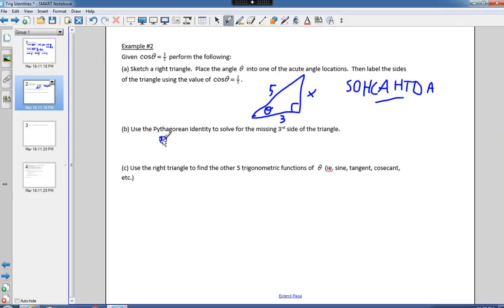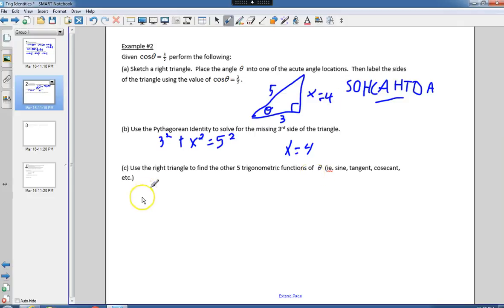So I'll write 3 squared plus x squared is equal to the hypotenuse squared. I'm sure you could solve for x in that equation, and if you do that, we'll get the x value of 4. So we know that this leg over here has side length of 4.